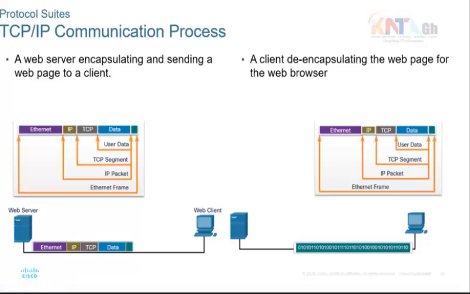And on the user data, we have all the protocols that will govern this user data to reach its destination. So this particular server is sending what we call an Ethernet frame. And this whole thing is what we call an Ethernet frame.